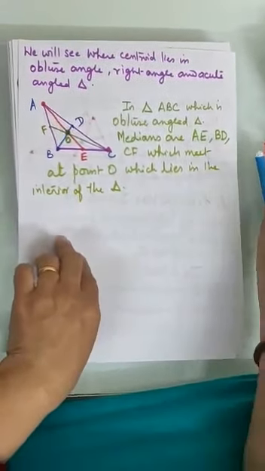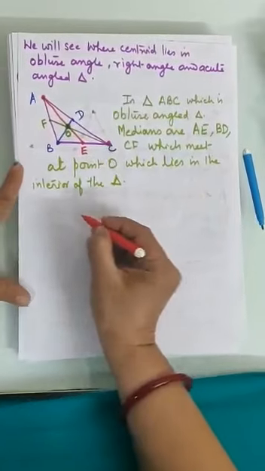Now let us see the next figure, right angled triangle.